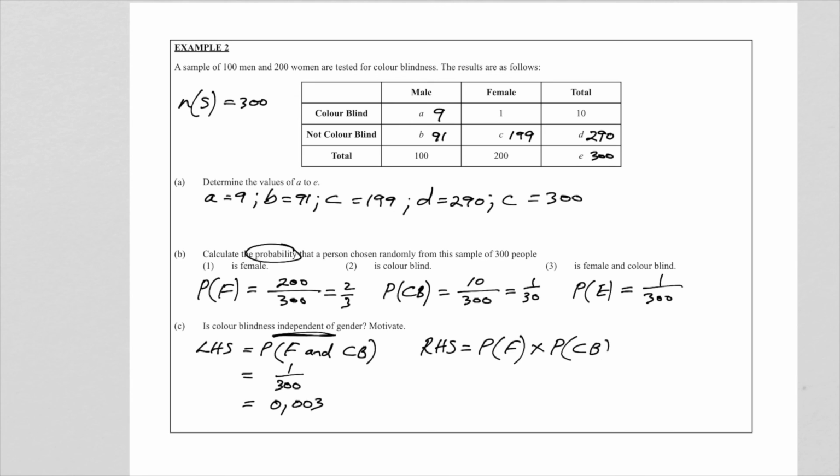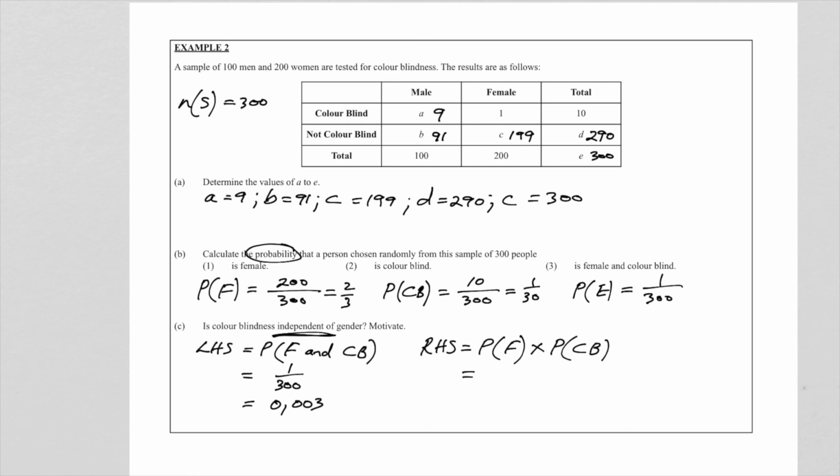So now I'm going to go to the right-hand side, and that is the probability of female times the probability of colorblind. If you remember correctly, that was exactly the questions in number B. Probability of female, we did it. Probability of colorblind, we've got that one as well. So you don't need to work it out again. You can see why I selected colorblindness with females, but it doesn't really matter if you wanted to use male.